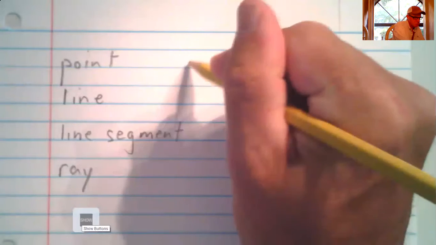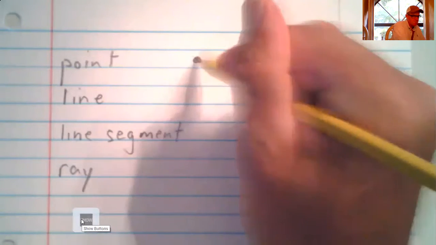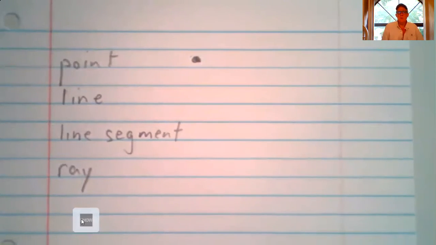So a point would just simply look like this, as an example. Where is the point on this piece of paper? It's right where I put my dot. That is a point. Now, why is that important? Because we're going to talk about lines, line segments, and rays, and we need to know what a point is before we can do that.